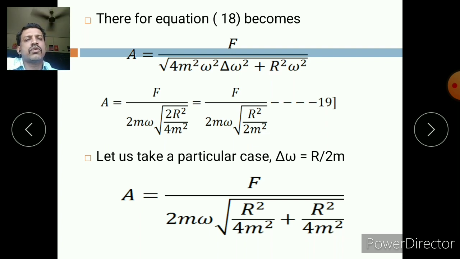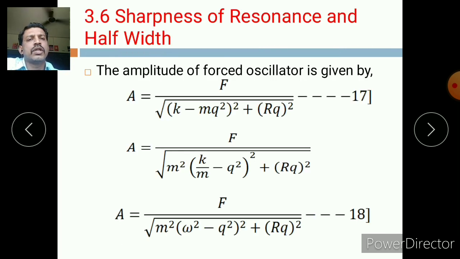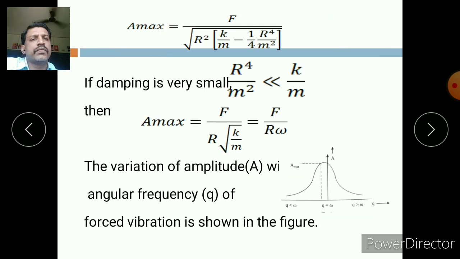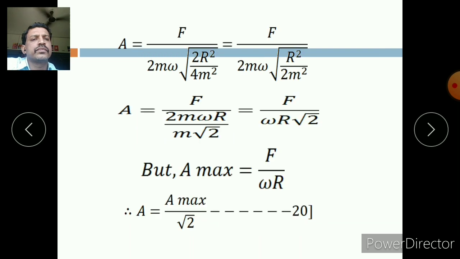Here it is omega square, and the value of omega is already given. Omega is nothing but under root k by m. Therefore here it is r square upon 2m square.